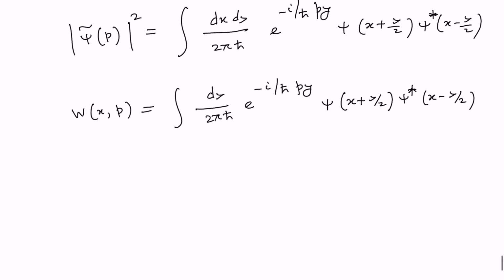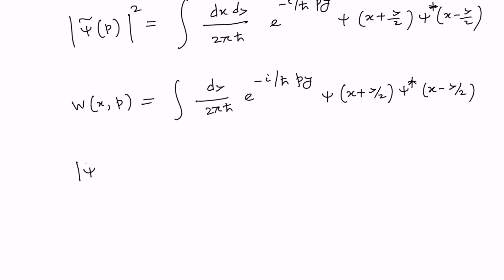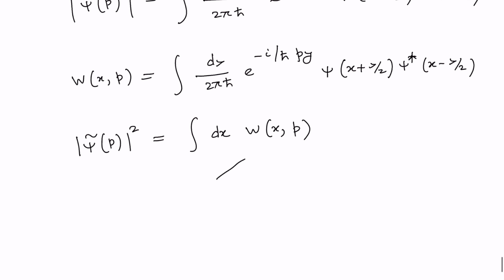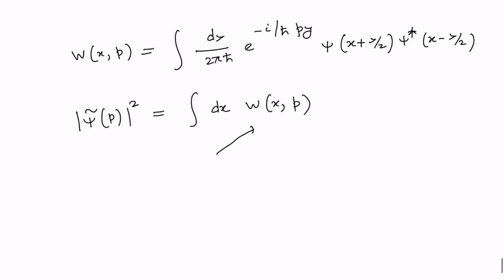If I define this function, then I can write |ψ̃(p)|² equal to the integration ∫dx W(x,p). So here this W(x,p) acts like a probability distribution function, and this is known as the Wigner distribution function.